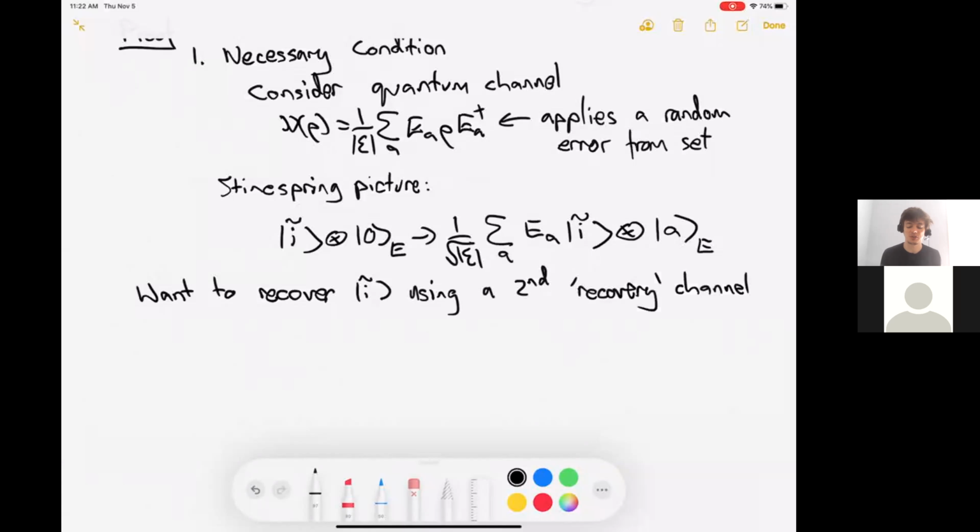And we want the output of that channel to always have the state of the system be in the state I tilde again. So the error has gone away.